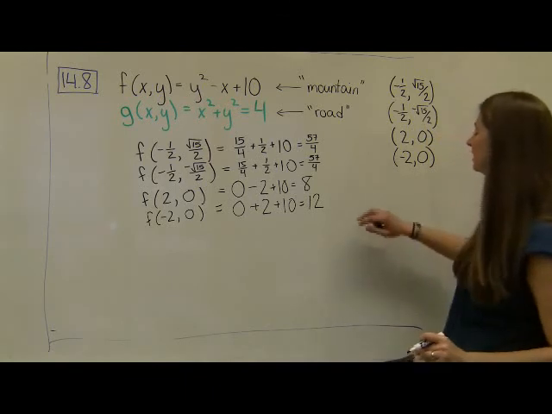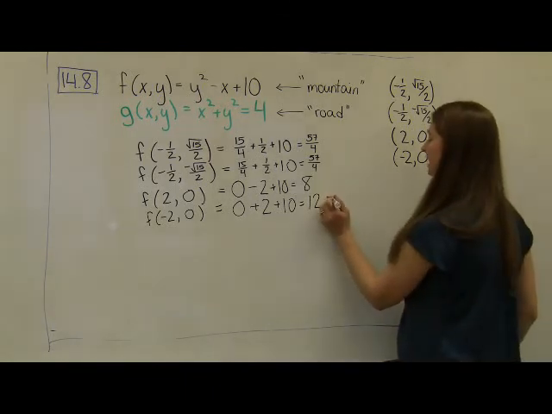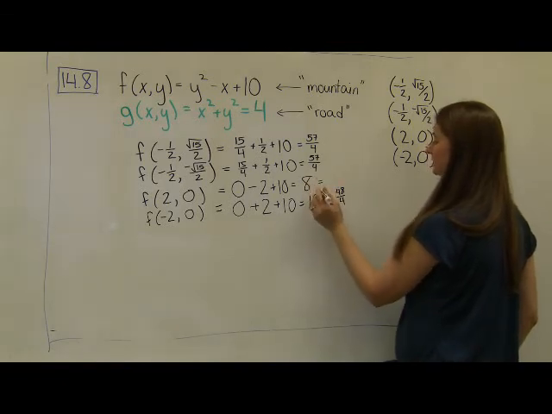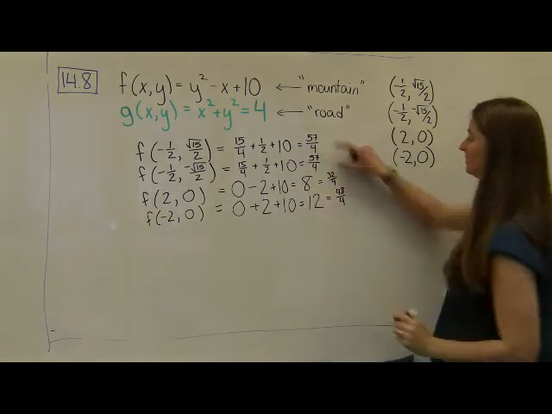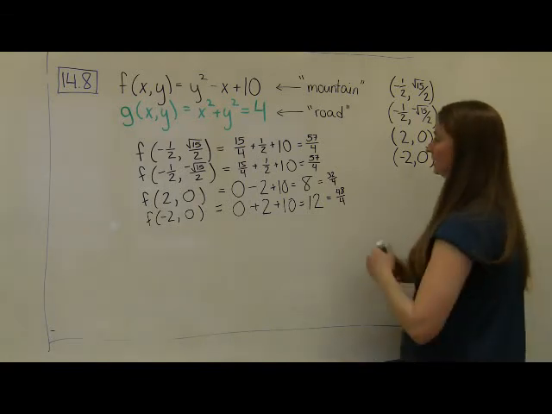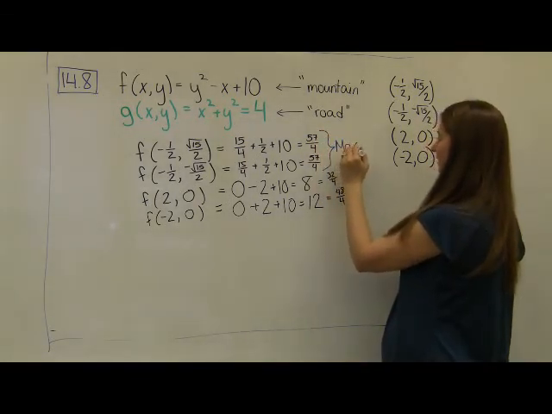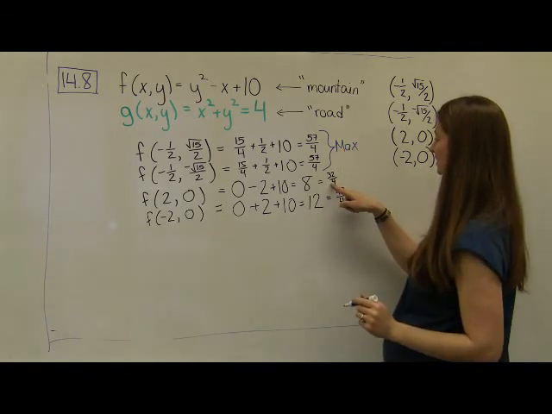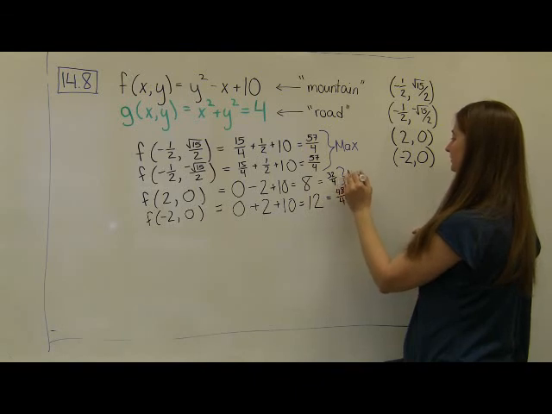So notice which values are the highest. 12 is the same thing as 48/4, and 8 is the same thing as 32/4. I did that to be able to compare with my 57/4. And I see that these 2 points are our max values. And this point down here, (2, 0), is going to be our min value.